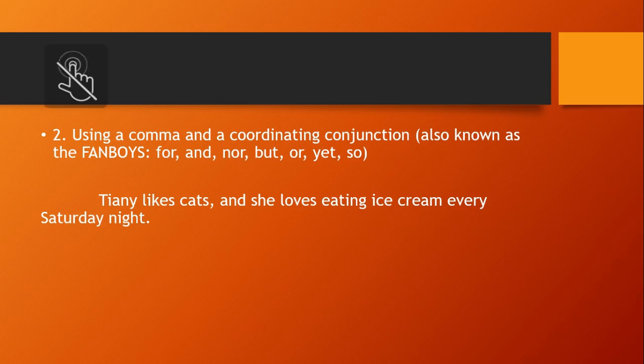The second way to correct a comma splice is by using a comma and a coordinating conjunction. Coordinating conjunctions are also known as the fanboys: for, and, nor, but, or, yet, and so. Continuing again with our example, Tiani likes cats, comma, and she loves eating ice cream every Saturday night.